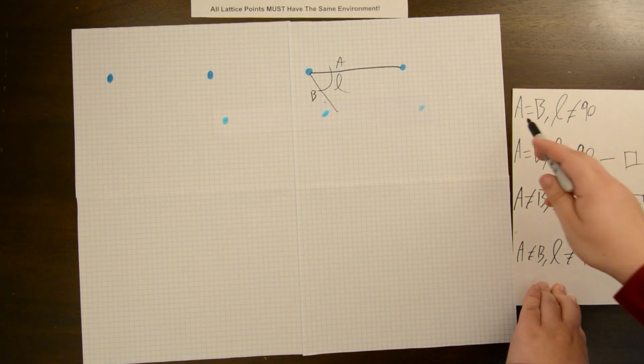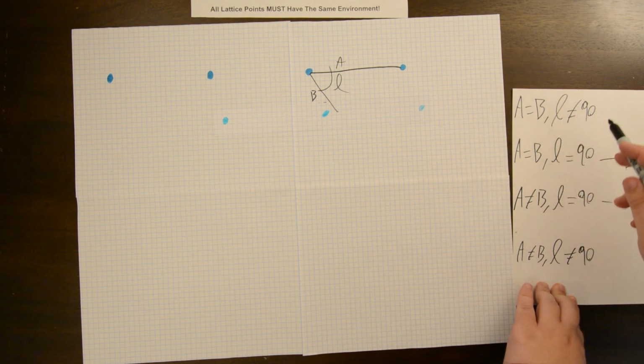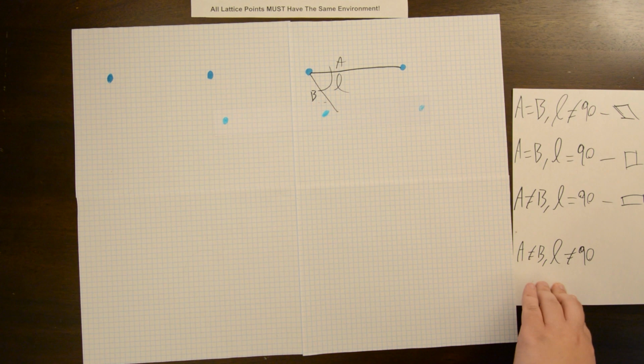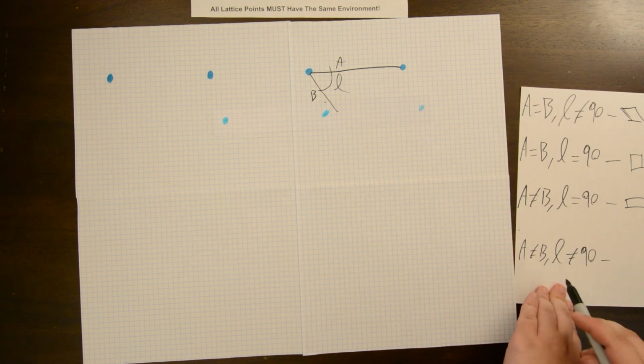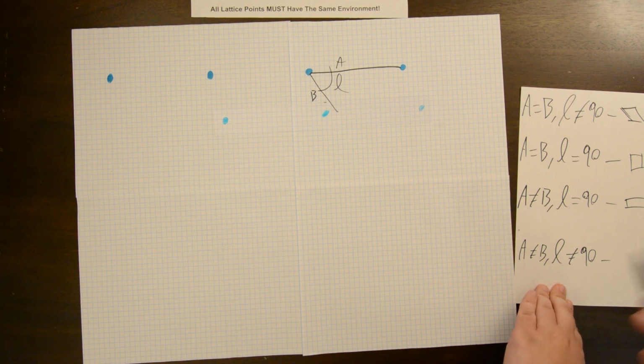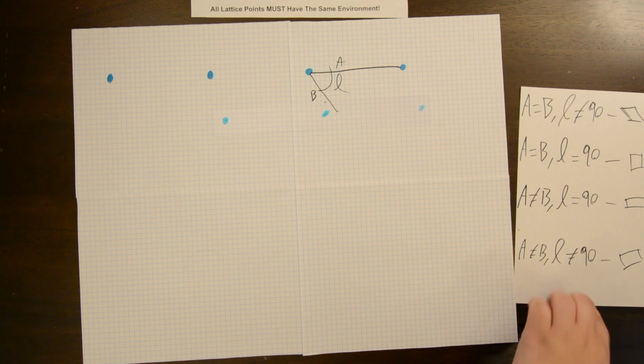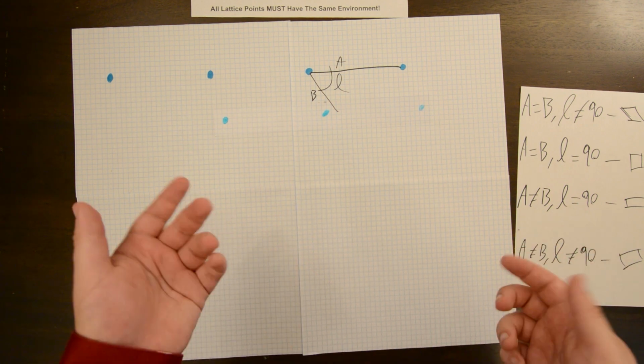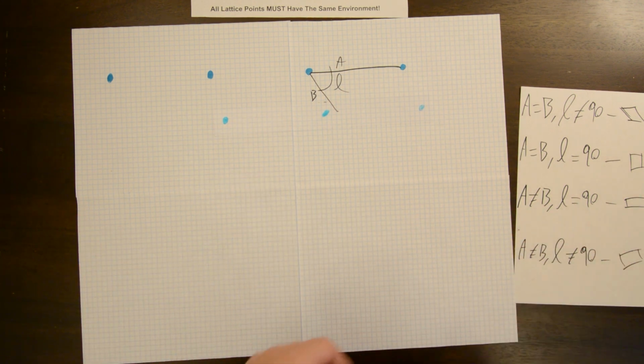And so, A equals B, gamma does not equal 90 is basically going to be a square sheared to the side, also known as a rhombus. And that leaves A does not equal B, gamma does not equal 90 as the most general case, that being a parallelogram. And that actually gets us our 4 possible lattice shapes in 2D, technically called space lattices.